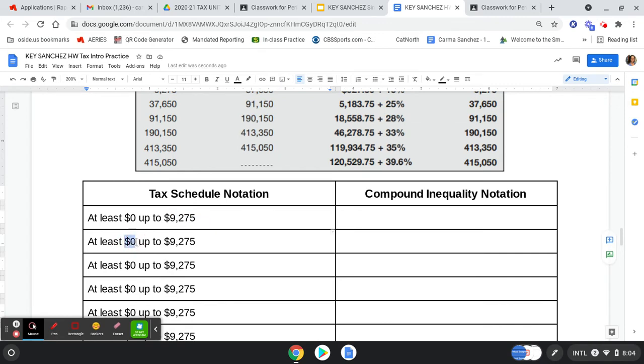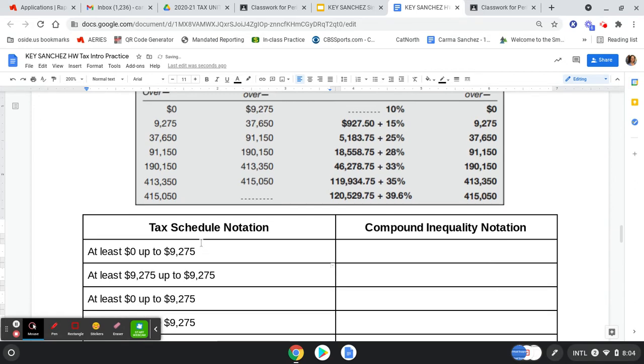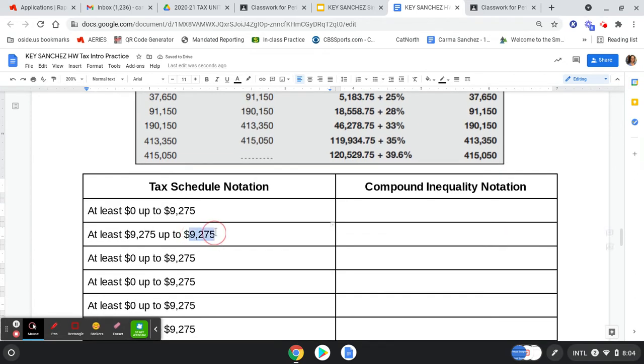And then we're going to put in all these numbers: 9,275 up to 37,650. And then from 37,650 up to 91,150. And then from 91,150 up to 190,150.